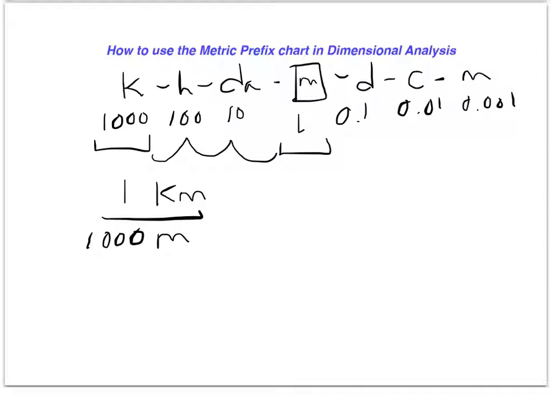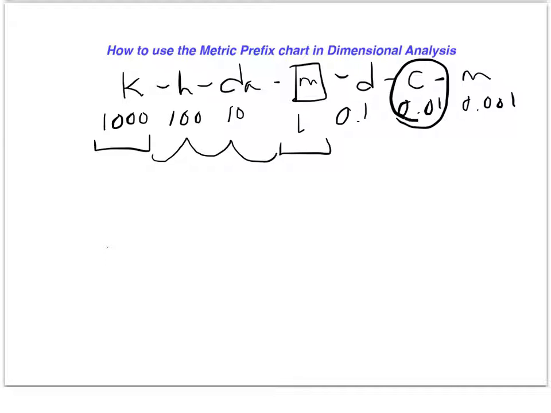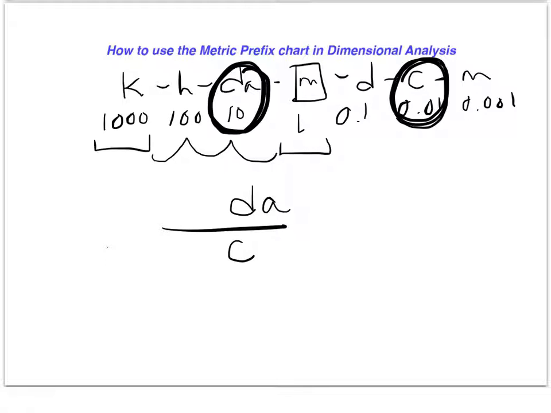If we want a second example, we could look at maybe a centimeter in comparison to, say, a decameter. So we have DA and we have C, so DAM if we were talking about decameters, and CM if we were talking about centimeters.